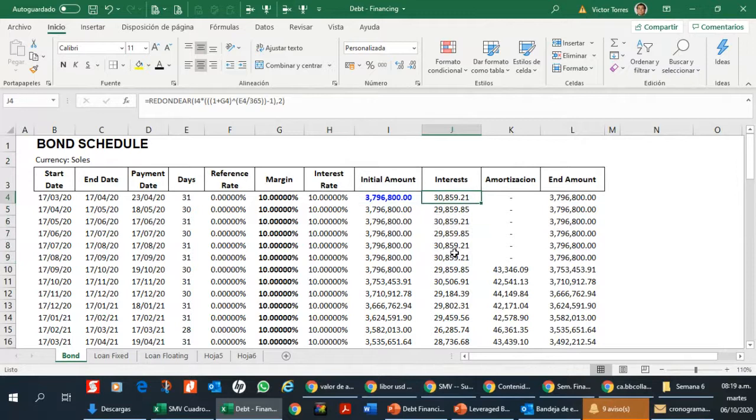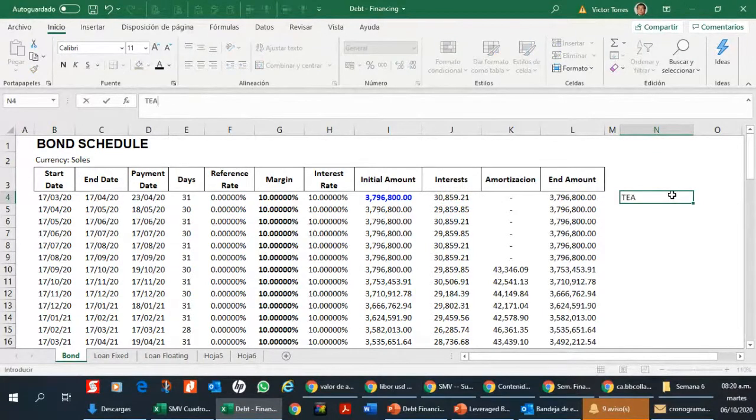And the other element that occurs here in Peru, and I wanted to highlight that, is that the interest rate, right, it's tasa efectiva anual. I'm going to do in a minute what happens with a bond in the US, right, to make this more evident. So when you have a tasa efectiva anual, when we have a TEA, let me highlight that first, right?